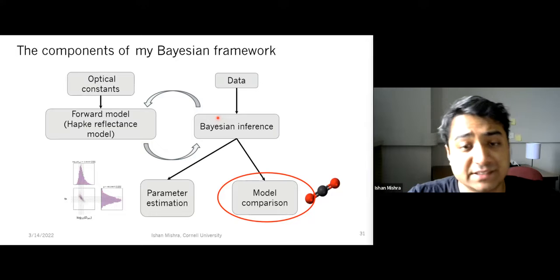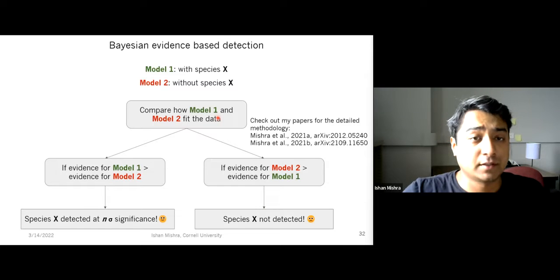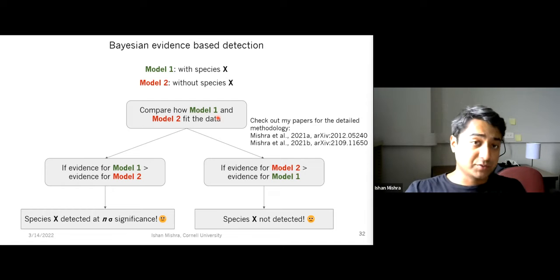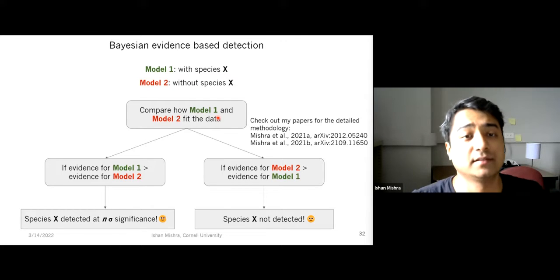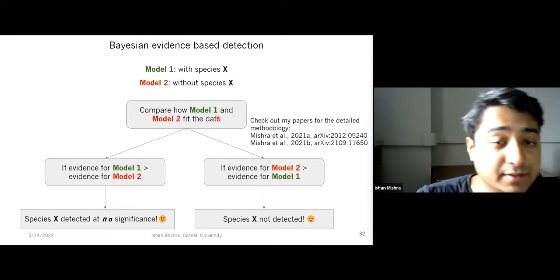Now coming to model comparison, the idea is pretty simple: you are interested in comparing two models, where one model has your species of interest X, say, and the other model does not have your species X. So you compare how the two models fit the data.